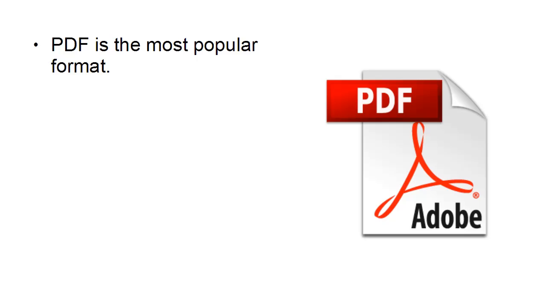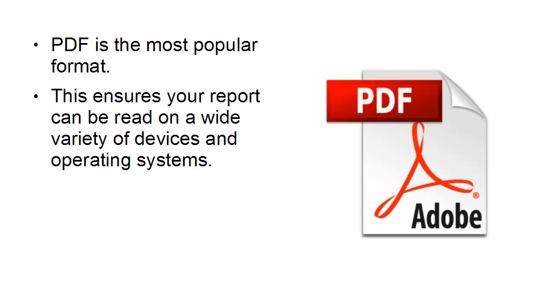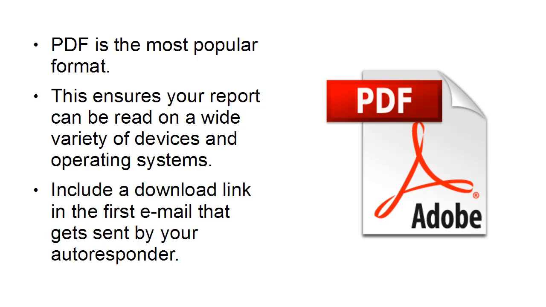Now, PDF, which is Adobe Acrobat format, is the most popular format for these giveaway reports, and there are a number of reasons for this. First and foremost, it ensures that your report can be read on a wide variety of devices and operating systems. So what you want to do is include a download link in the first email that gets sent by your autoresponder.